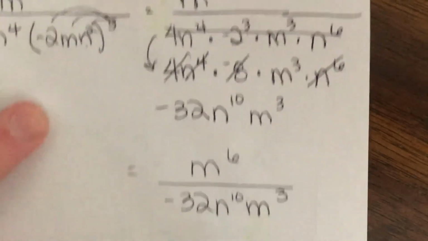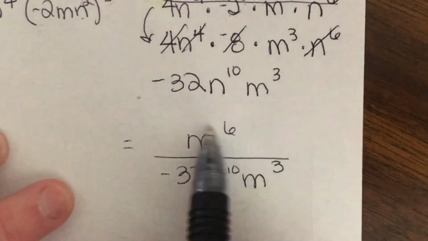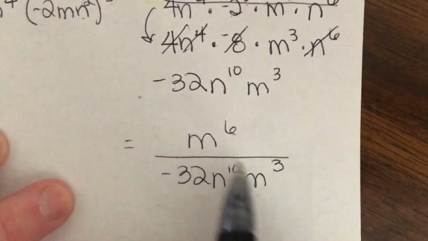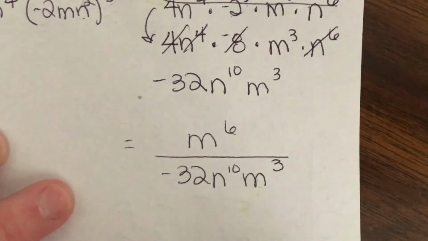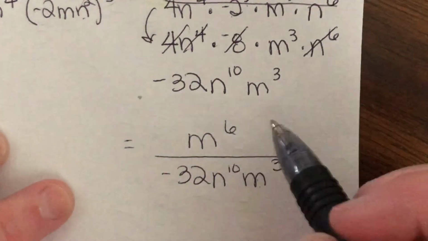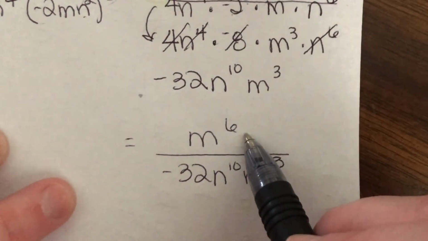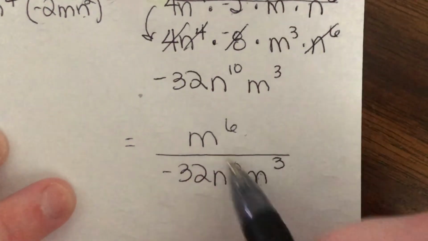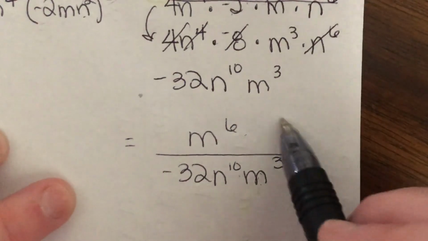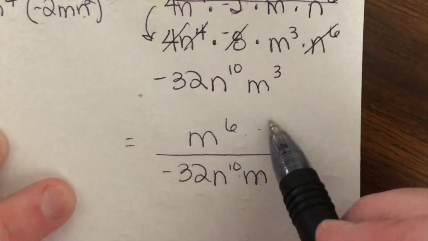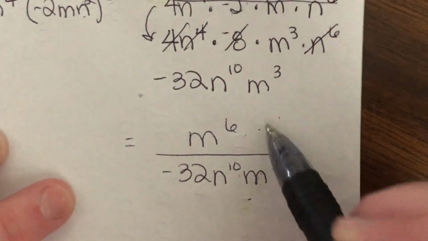All right, so the only thing left to simplify now are these m's, right? It's the only thing that I've got on the top and the bottom. So m divided by m. When I divide bases, I'm going to subtract exponents, right? Whenever you're dividing bases, the answer always floats to the top. Now, if the answer has a negative exponent, then you'll move it to the bottom, but it automatically starts out in the top.